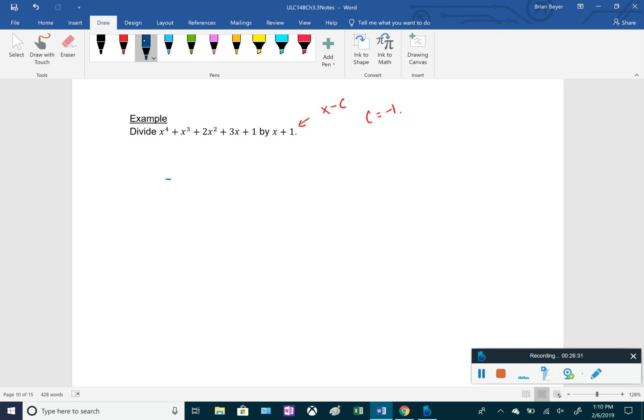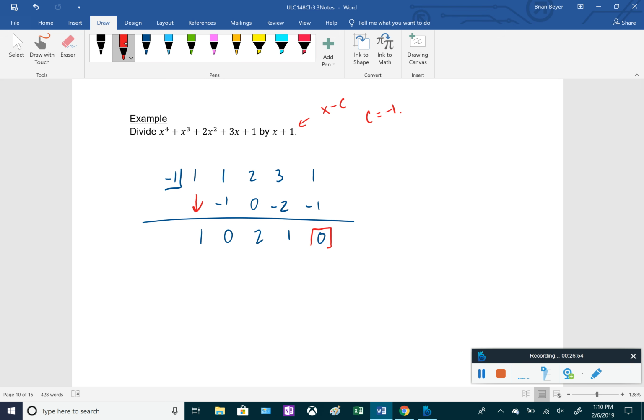So we're going to box in that negative 1, and then we write out these coefficients, our 1, 1, 2, 3, and 1. Bring down the first one, multiply, add, multiply, add, multiply, add, multiply, add. The reason I wanted to do this last example is so we get a remainder of 0, just so we can see what it means once we set it up.